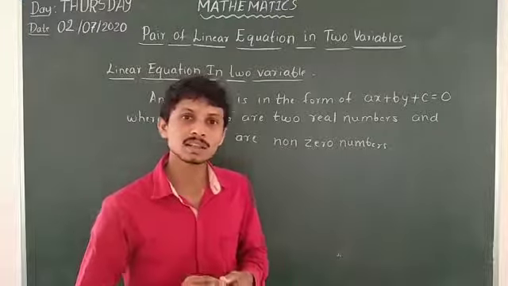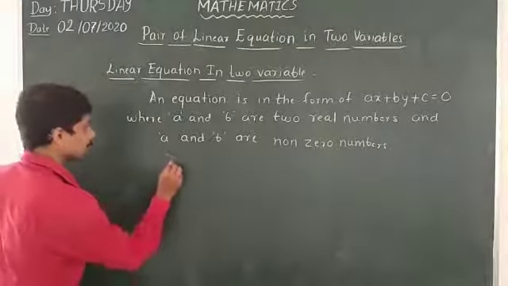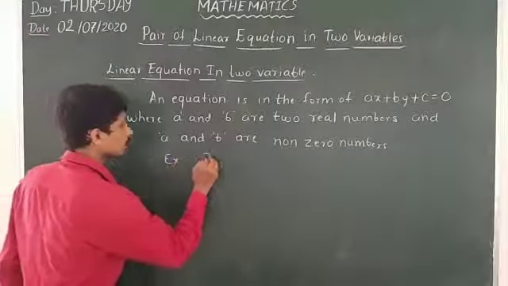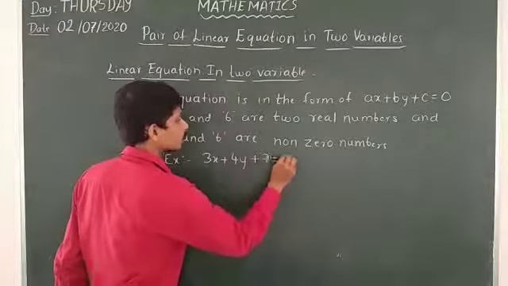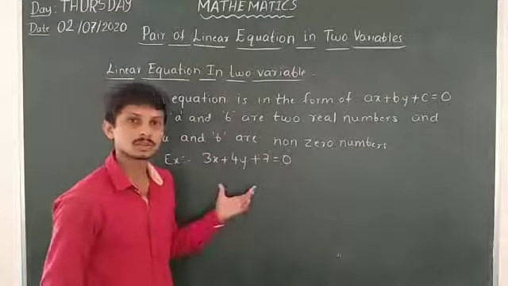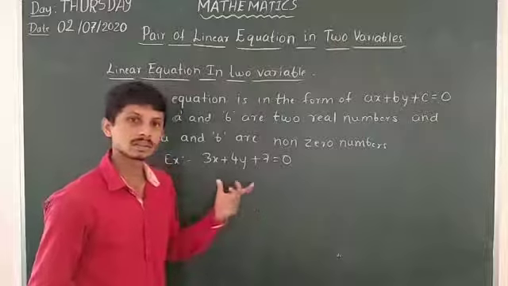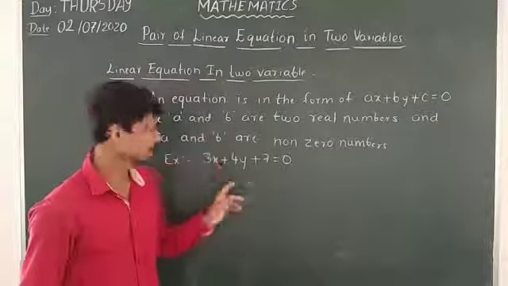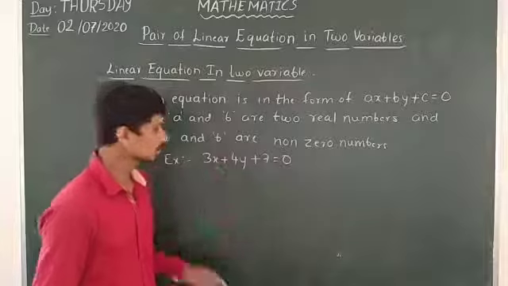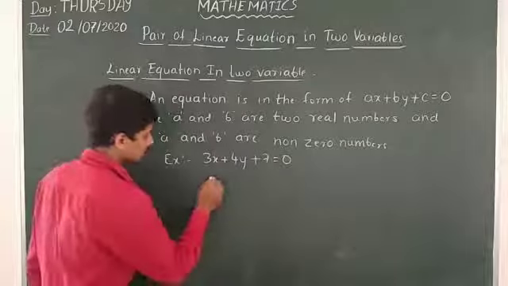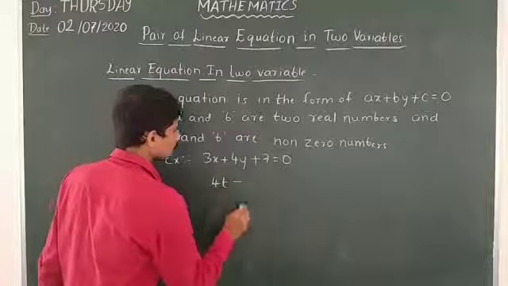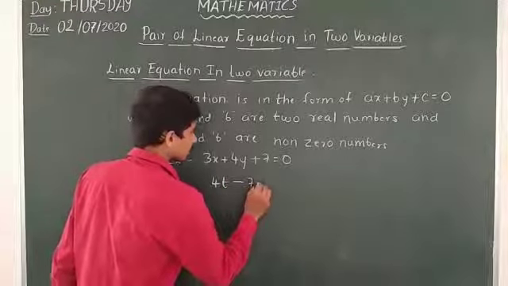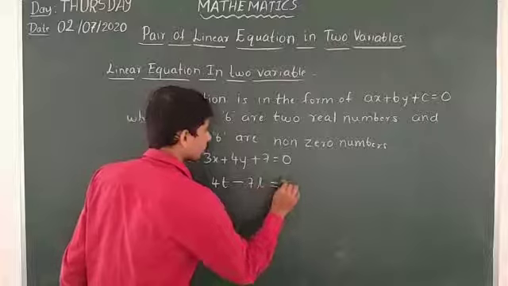Let us take an example. 3x plus 4y plus 7 is equal to 0. It is one of the linear equations in two variables. Here I am using x and y. Again we can take any other one: 4t minus 7l is equal to 5.